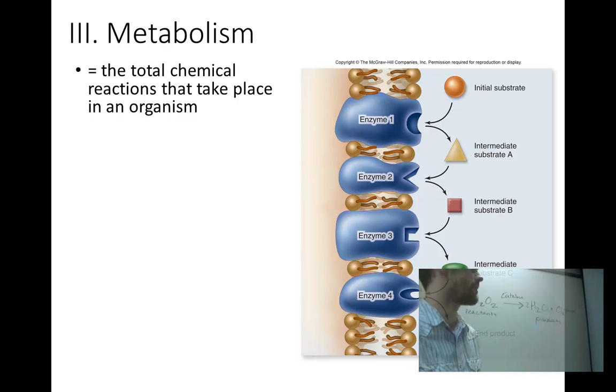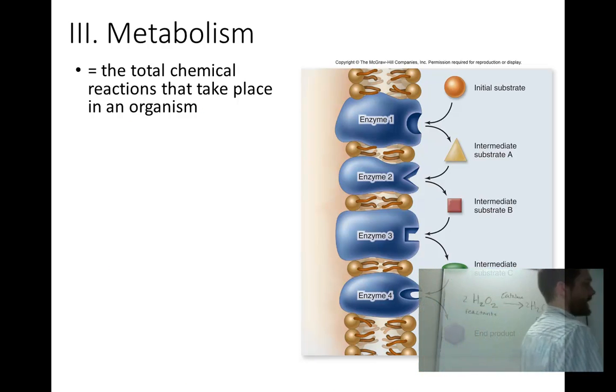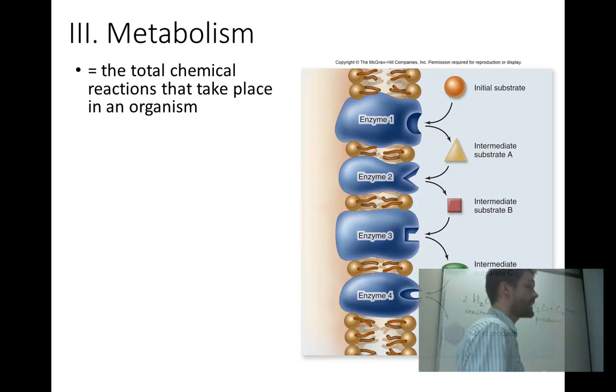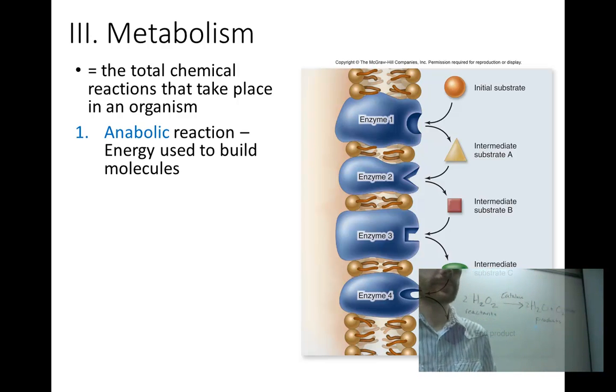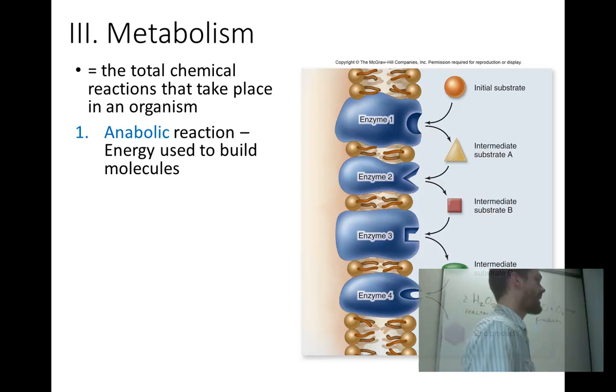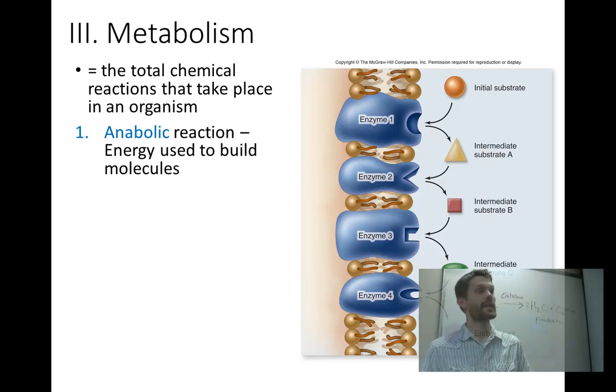All right, so we talked about enzymes. We talked about some thermodynamics, and now we're going to get into metabolism, which is the total number of chemical reactions that are occurring in an organism. You can have an anabolic reaction. That's a reaction that is used to build molecules. So you heard the term anabolic steroids.